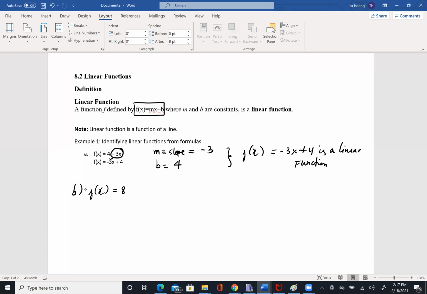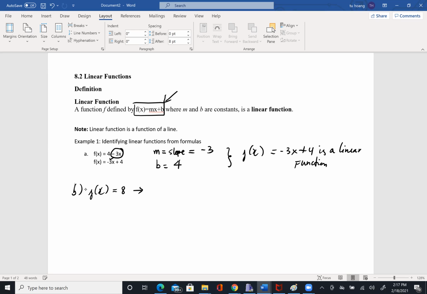People want to say there's no x at all, so it doesn't look like this form, so I cannot say this is a linear function. But actually it is. Now let me show you how to convert it to the general form of the linear function.